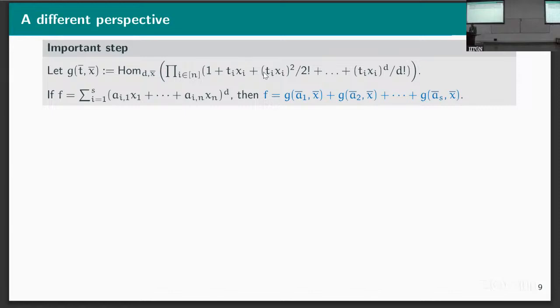Then what you can say, the duality trick, is that this homogenization is exactly going to give you the linear form to the power d. Homogenization is what took you this nd sum. So apart from that, it's just s evaluations of this guy at different values for t, the s different linear forms that you have.